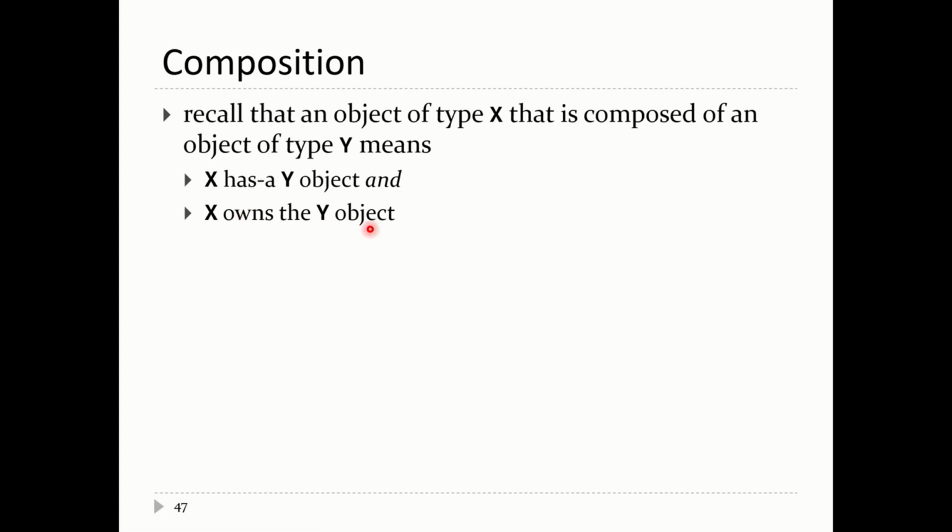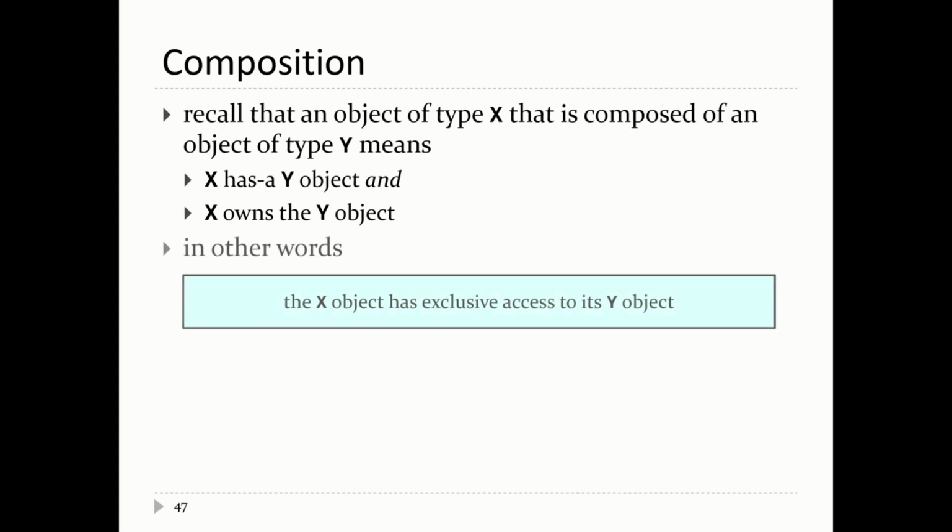But it also means that X owns the Y. X and only X owns that Y. In other words, when you implement a composition, what you have to ensure is that the X object always has exclusive access to its Y object. It will never hand out a reference to its internal Y object.